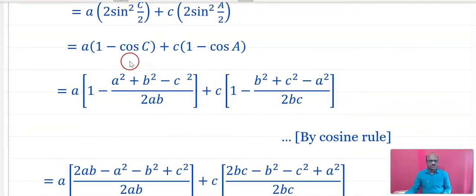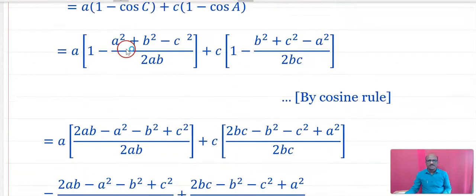And therefore next substitute the value of cos c: 1 minus (a square plus b square minus c square) upon 2ab, plus c into cos a, that is (b square plus c square minus a square) upon 2bc, by using the cosine rule. And then this simplification: a in bracket (2ab minus a square minus b square plus c square), if you open the bracket here, upon 2ab, plus c, again (2bc minus b square minus c square plus a square) upon 2bc.